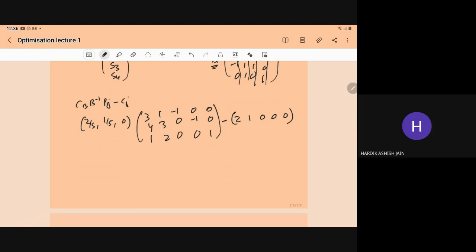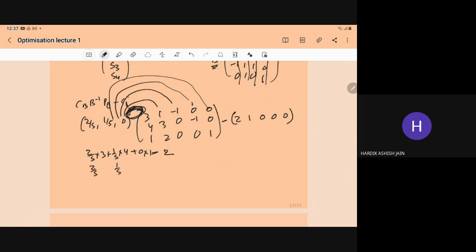So we have to multiply these. The first one is 2 by 5 into 3 plus 1 by 5 into 4 plus 0 into 1, minus C1, which is 2.